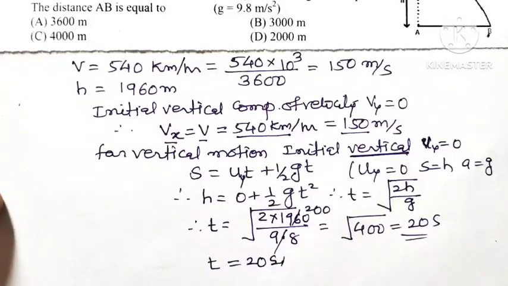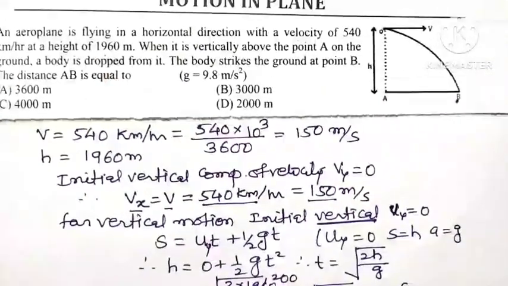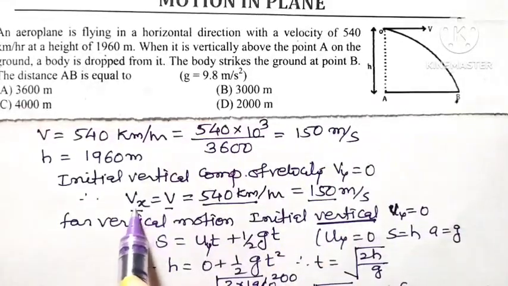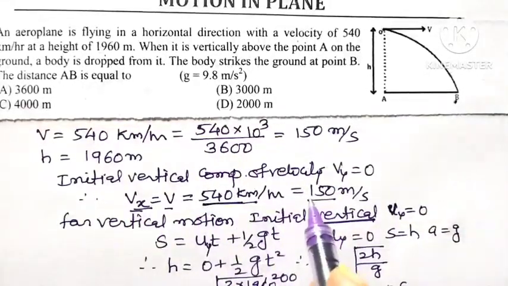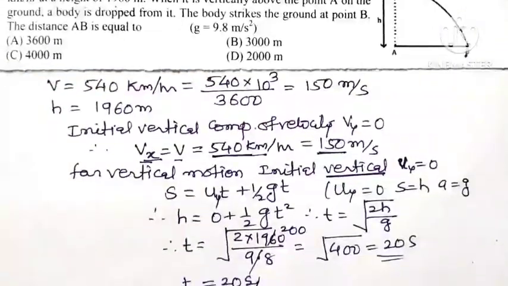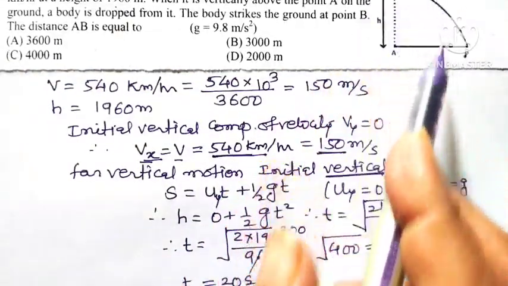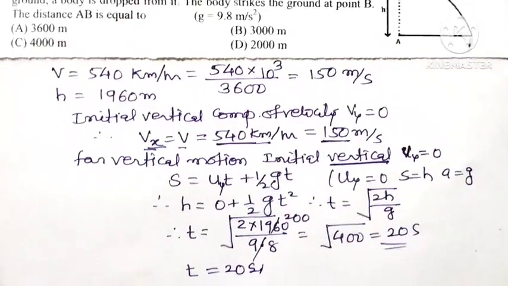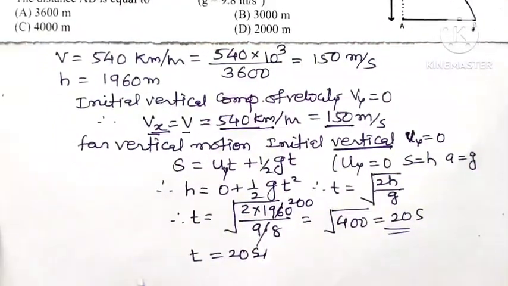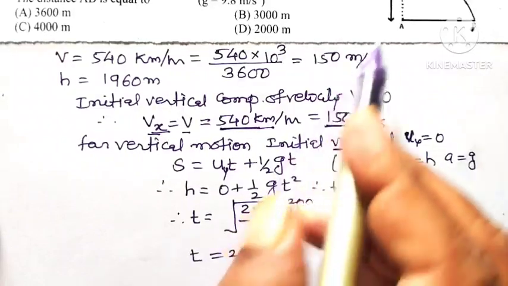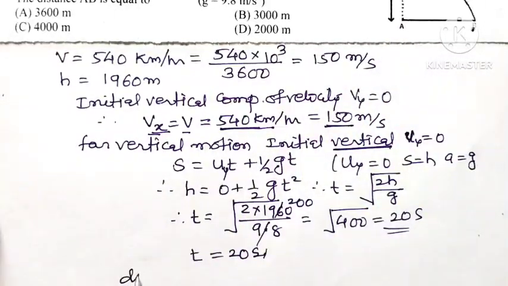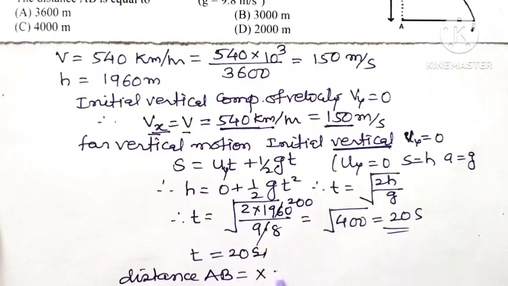And because that body is moving with a constant horizontal velocity of 150 meter per second, since during the motion the horizontal component of velocity remains unchanged, the distance AB is the horizontal distance, say x.